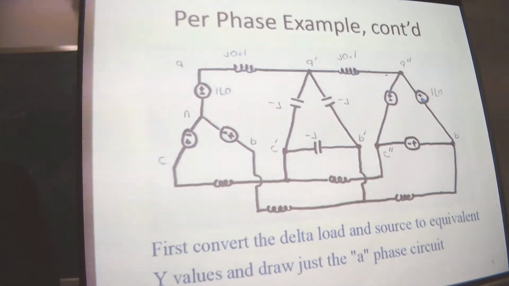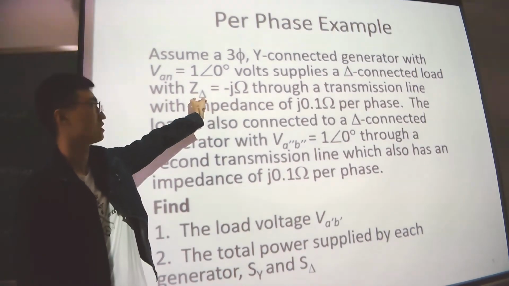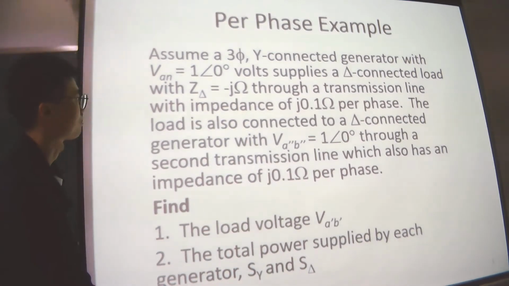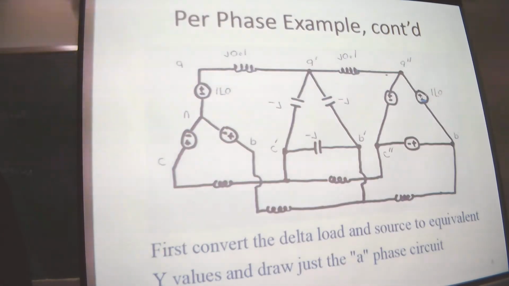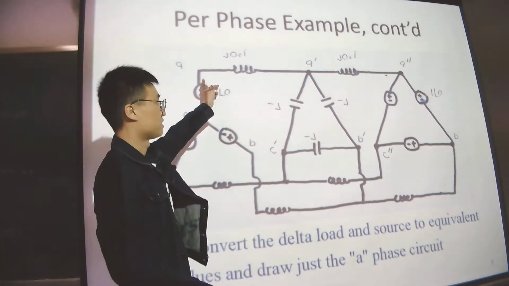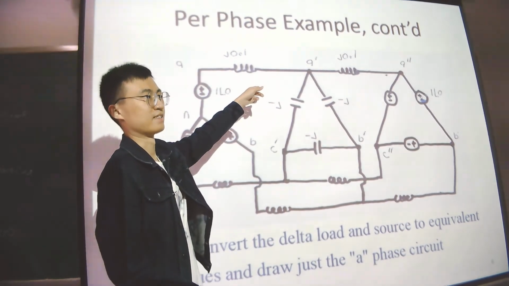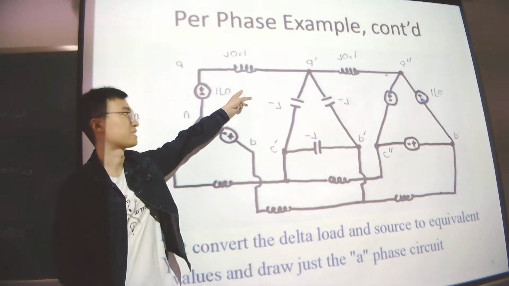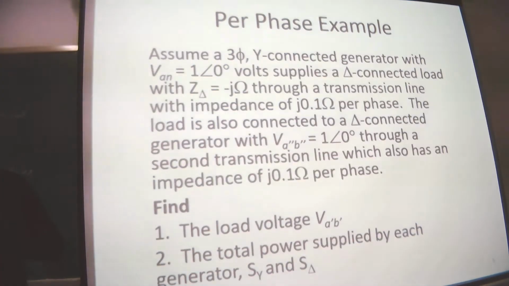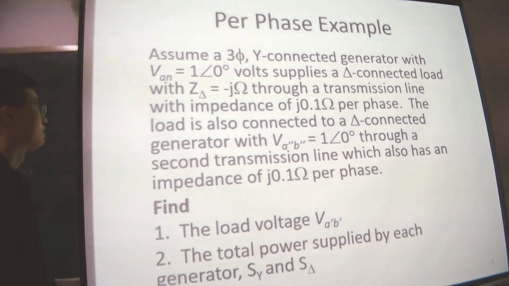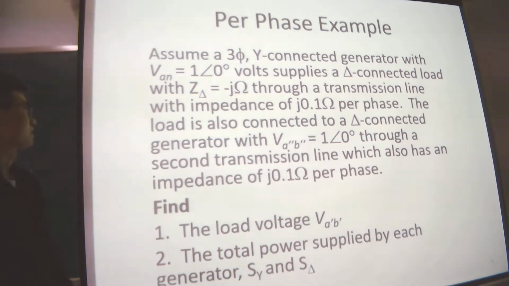The impedance in the delta node is minus J, all the same value, so it's 9. In these assumptions, we assume there is a loss in the transmission lines, so you can see an impedance here. The load is also connected to the generators.